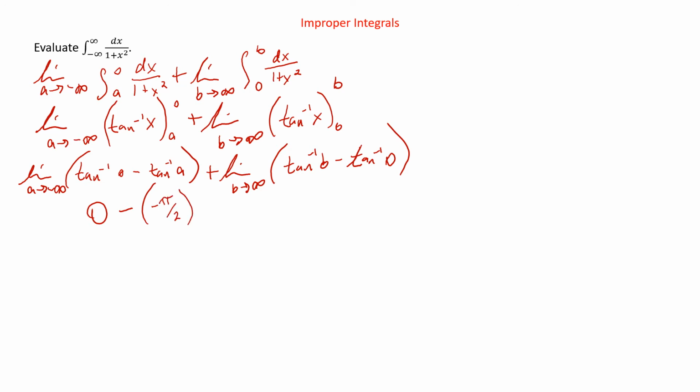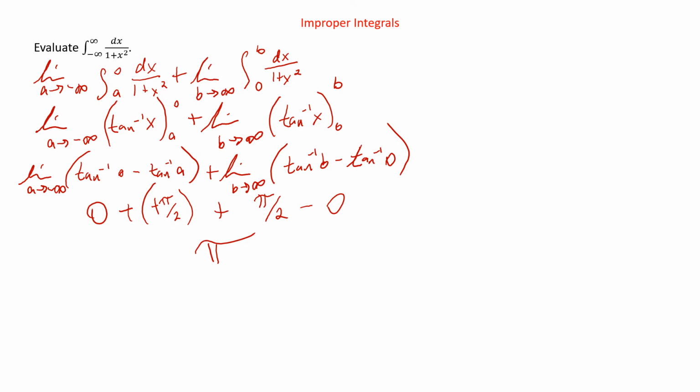Because remember, the inverse tangent has those horizontal asymptotes at negative pi over 2 and then positive pi over 2. So this one, as it goes to infinity, is turning into pi over 2 minus 0. So here we have minus negative pi over 2, which is plus, so we have pi over 2 plus pi over 2 gives us pi.